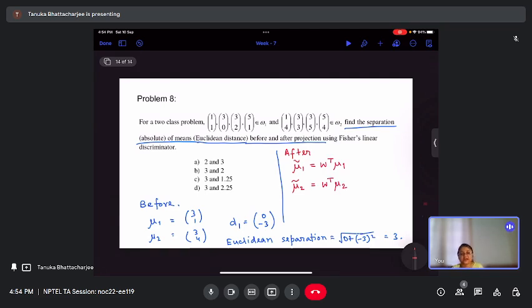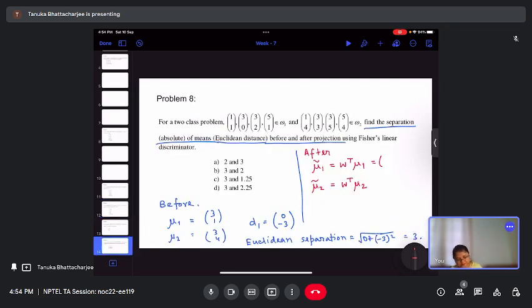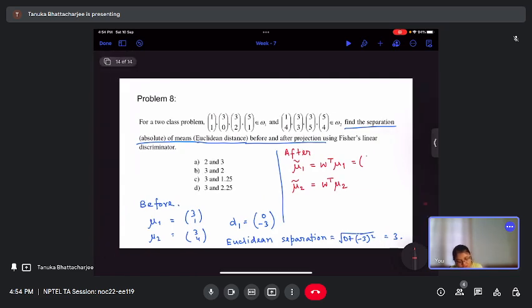We have already derived this. So, just simply compute this. W is in our case 0 minus 3 by 4, and this transpose, then we have mu 1 which is 3 1.